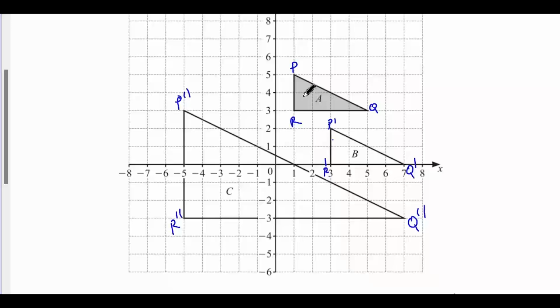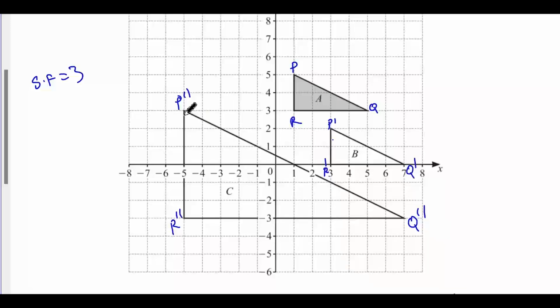Of course it is obvious, this is enlargement. From here you have 1, 2, and from the corresponding side you have 1, 2, 3, 4, 5, 6. So the scale factor equals 3, since 3 times 2 gives 6. So the name of the transformation is enlargement by scale factor of 3.